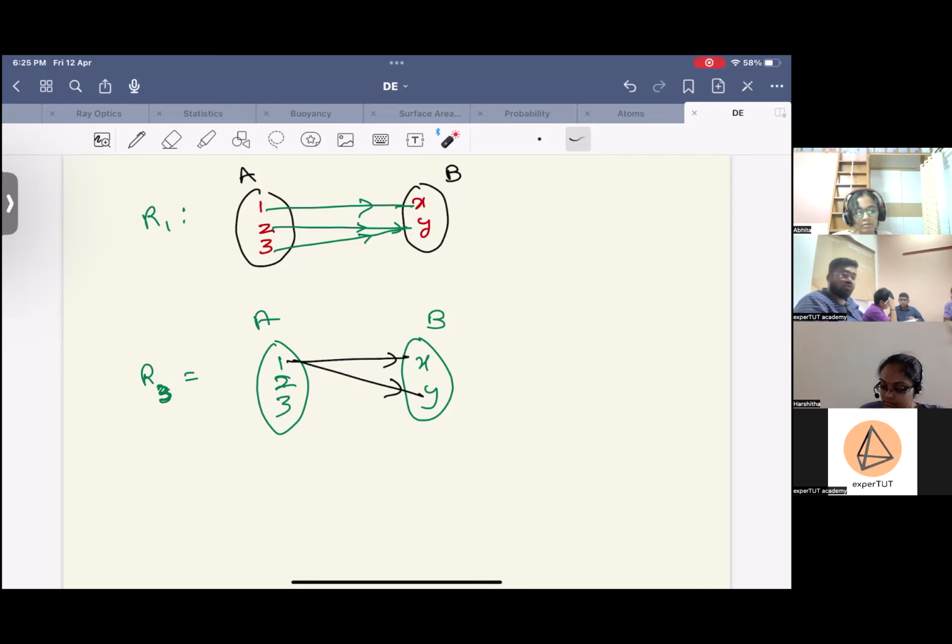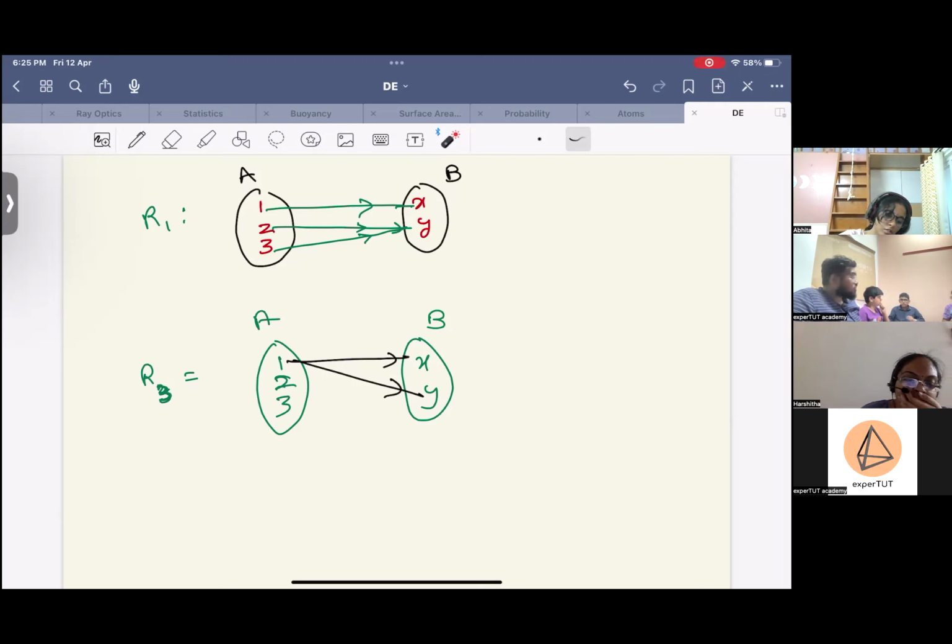Now write: whatever is connected on the left side is called domain. For example, in R3, what is the domain?